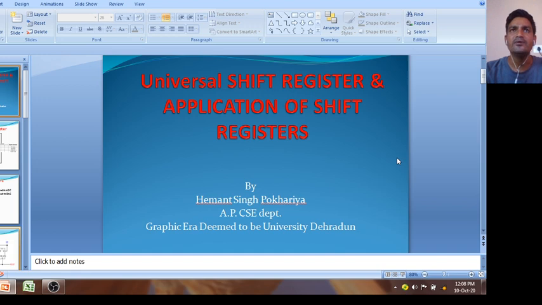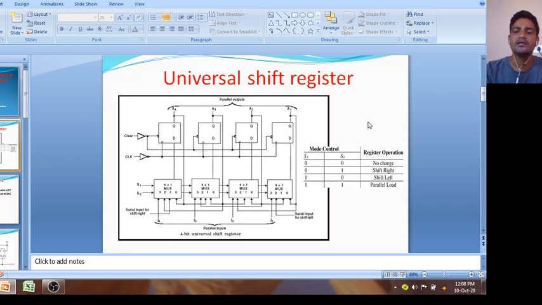Okay, if we combine both the features, left shift as well as right shift, that type of register is called bidirectional shift register. Now, today we will see universal shift register. In universal shift register, all the features are available.